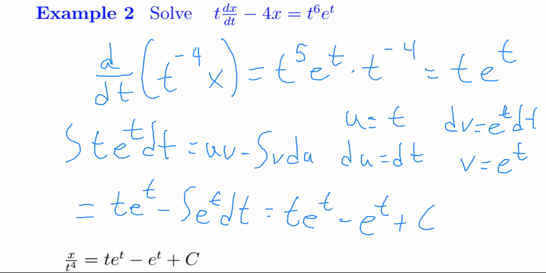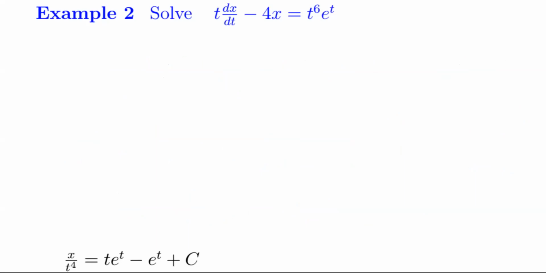So we get t e to the t minus e to the t plus some constant c. And now that we've integrated both sides, the left-hand side was t to the negative fourth times x is equal to t e to the t minus e to the t plus c.